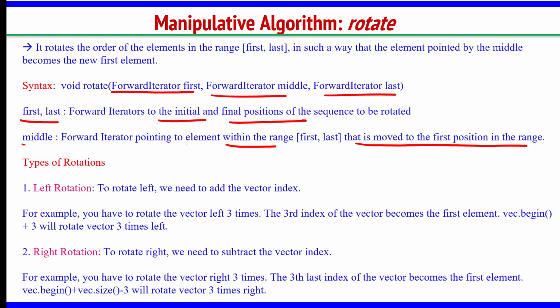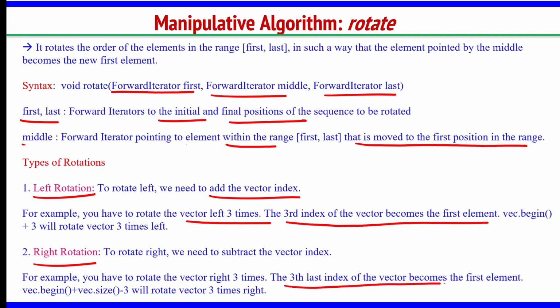Okay. So there are two types of rotations, left and right rotation. To rotate left we need to add the vector index. For example, if you want to rotate a vector left 3 times, the third index of the vector becomes the first element. When you want to rotate right 3 times, the third element index becomes the first element.